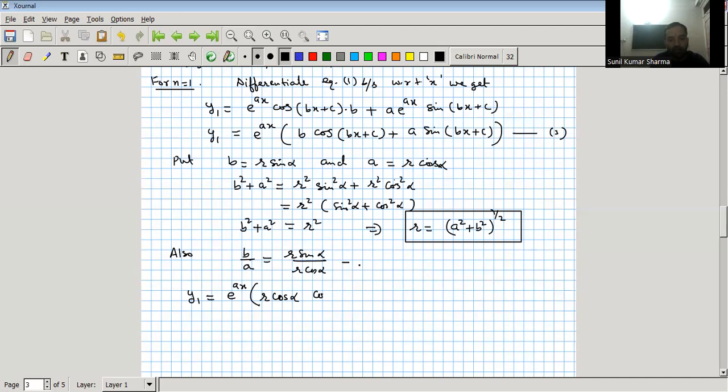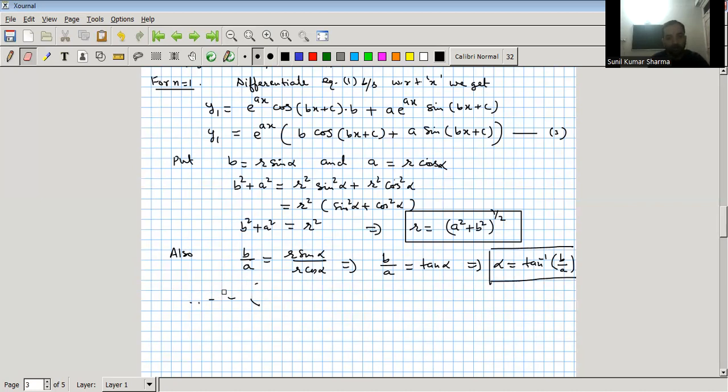So this implies b by a equals tan alpha. This implies alpha is equal to tan inverse b by a. Okay, so make some change in this part.